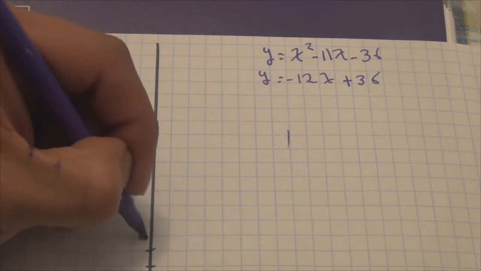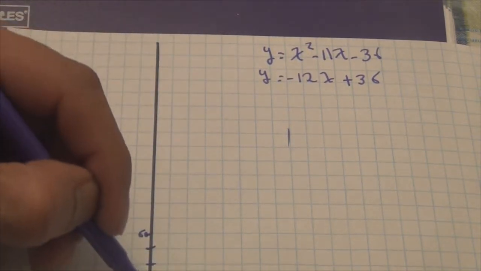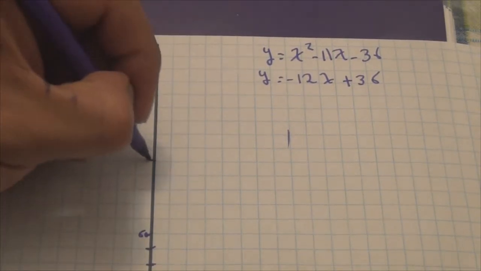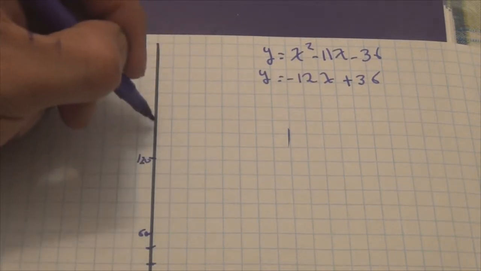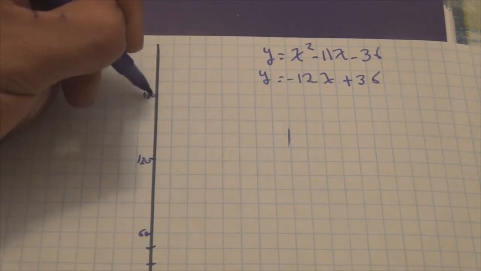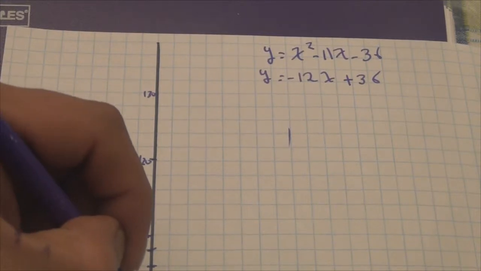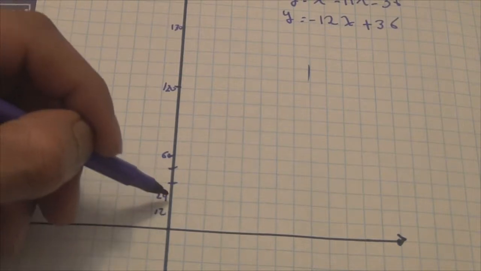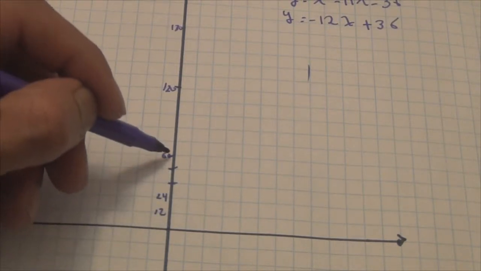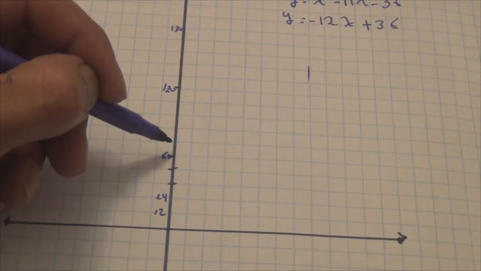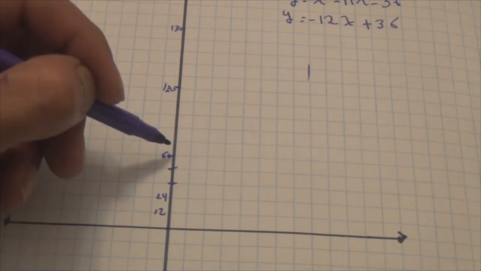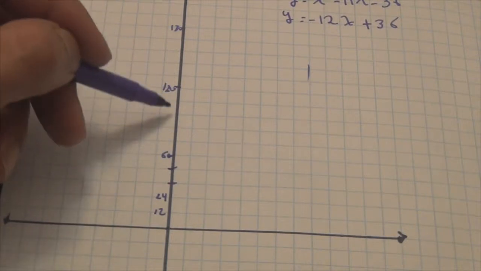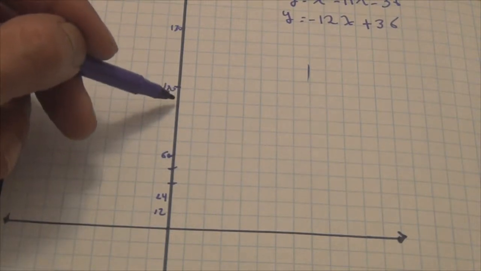36, 48, 60. Okay. So 1, 2, 3, 4, 5 should be 120. 1, 2, 3, 4, 5 should be 180. Okay. Now 0, 12, 24, 36, 48, 60, 72, 84, 96, 108, 120.